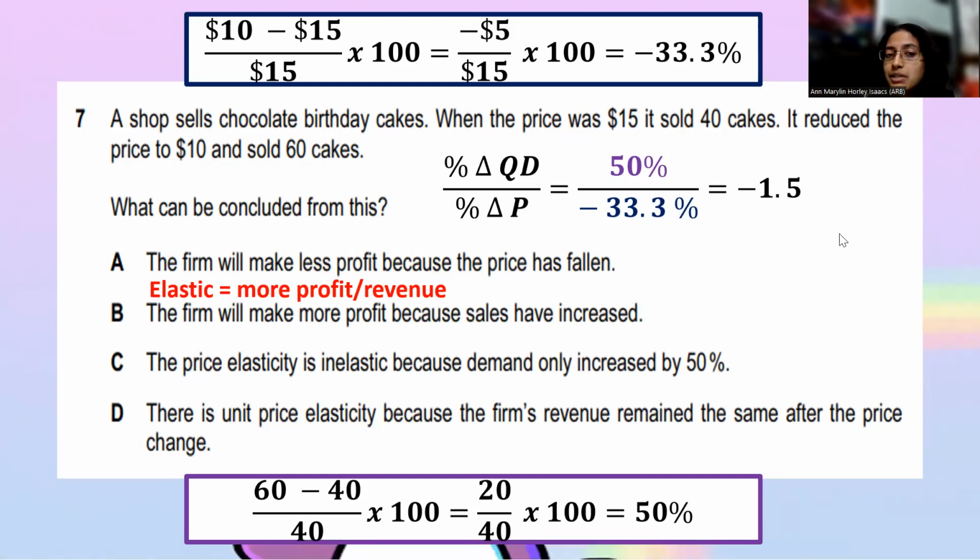So when it is something which is elastic, that means people are price sensitive towards the product. Okay, so it's like the difference between Starbucks offering a discount on their coffees versus your school cafeteria offering a discount on coffees. Yeah.